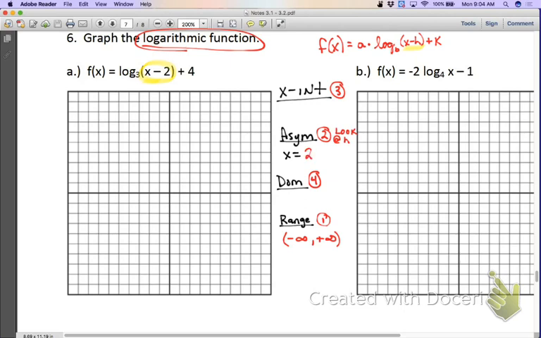So if my asymptote's at 2, all I'm going to do is draw my imaginary line, or my dashed line, here. So there's my asymptote.